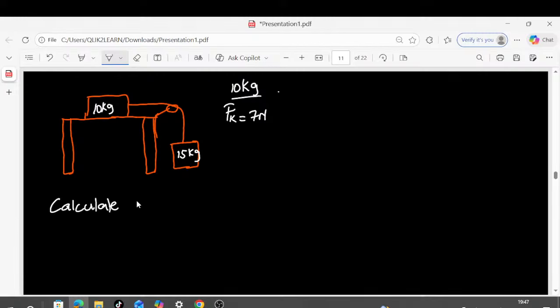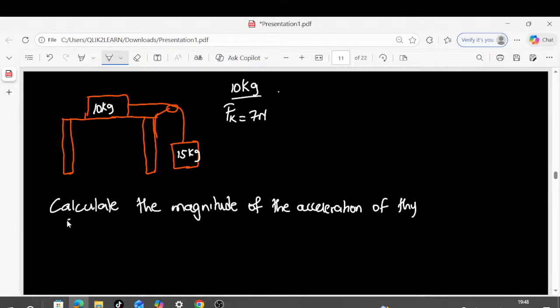Let's calculate the magnitude of the acceleration of the system. That's the first question.